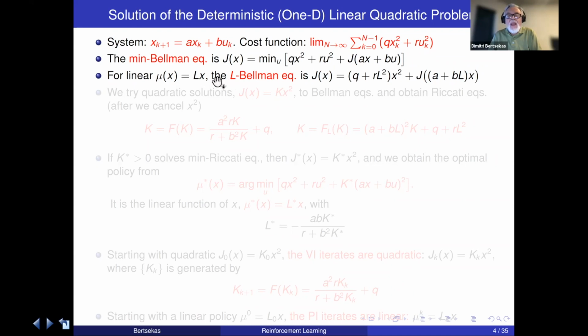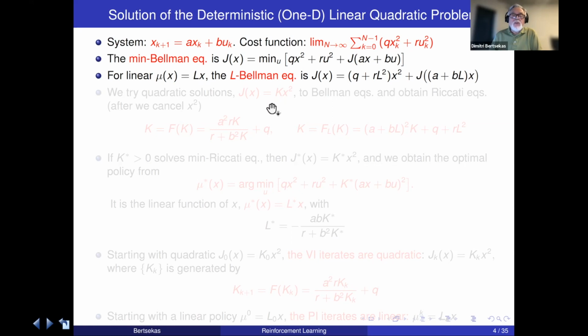So plug in Lx in place of u, we get L squared x squared. That's where this term comes from. And plug in here Lx in place of u, that's where this term comes from. And now this equation is simpler because it does not involve minimization. And we're going to simplify it even further.